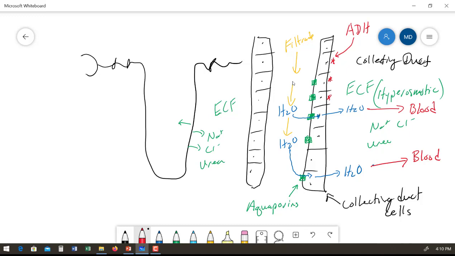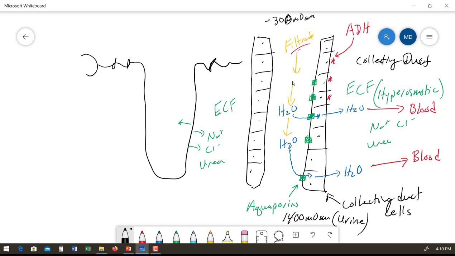In that way, this filtrate is now becoming more concentrated, because now that the filtrate is losing all this water, its concentration levels are going to go back up, and eventually, if I remember correctly, it winds up at around 1400 milliosmoles, which is the concentration usually of urine. So remember at the top up here, we were at about 300 milliosmoles, right? 300 milliosmoles, and now we're at 1400 at the bottom of the collecting duct. So, you know, a decent amount of water can leave through the collecting duct.